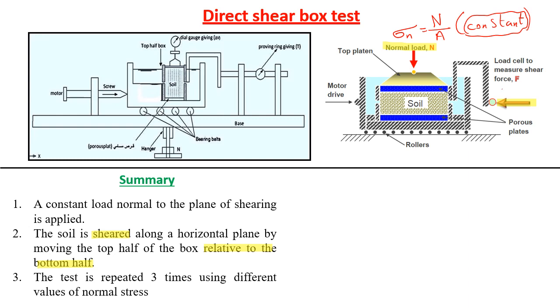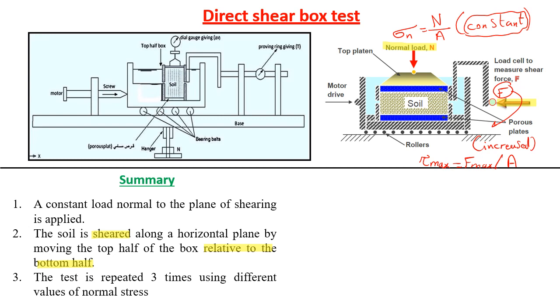So at failure, you can determine tau maximum, which is the maximum shear stress on the failure plane. Tau maximum is equal to F maximum over the cross-sectional area of the soil sample.